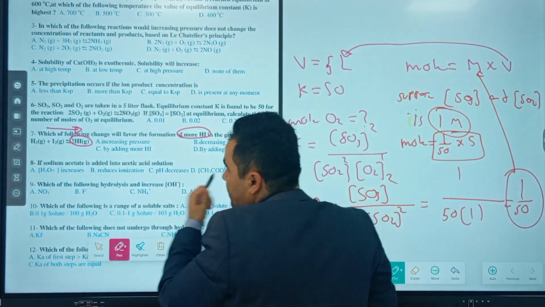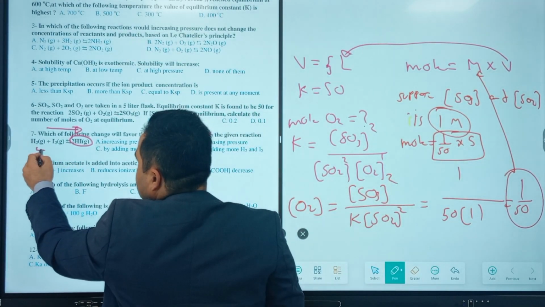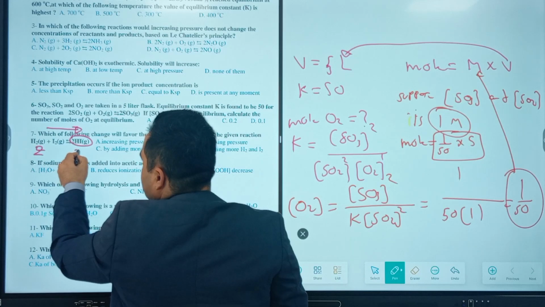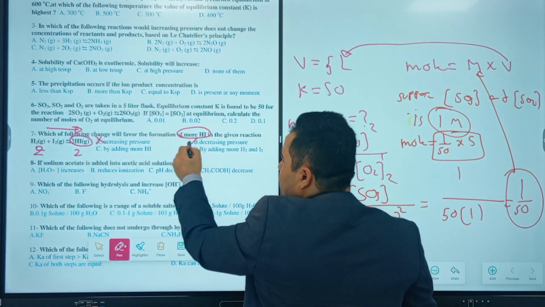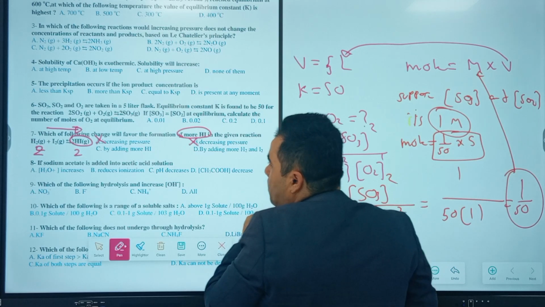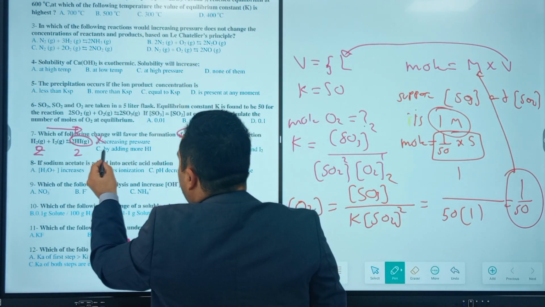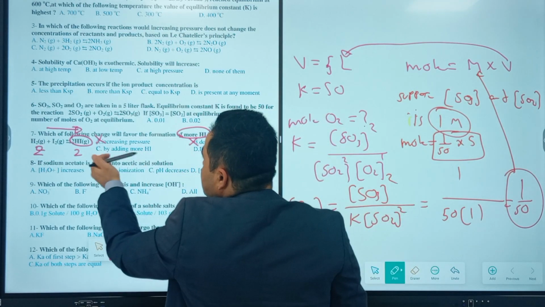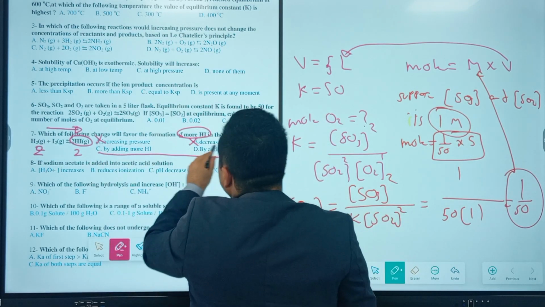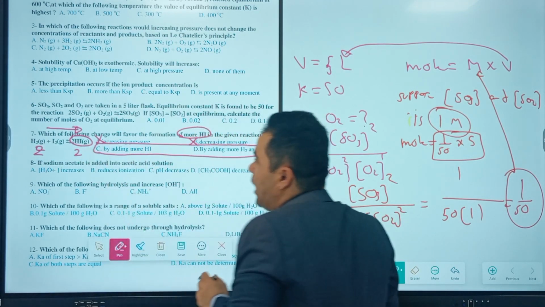Increasing pressure: 2 moles in the reactant, 2 moles in the product, so pressure does not shift equilibrium. Decreasing pressure does not shift equilibrium either. By adding more HI, or by adding more H2 and I2. Guys, these two both increase HI.